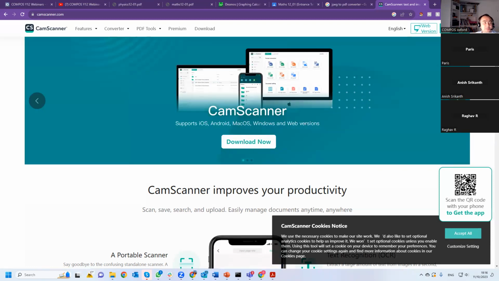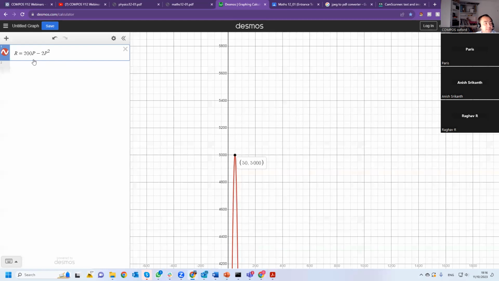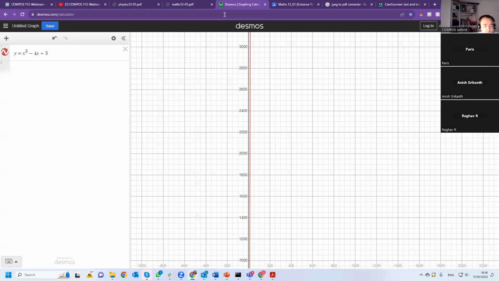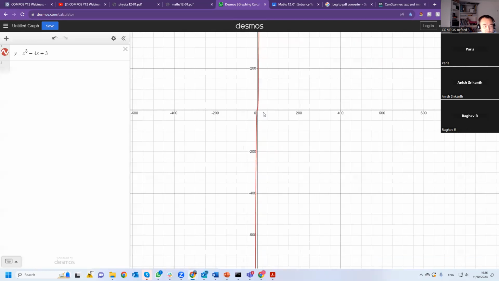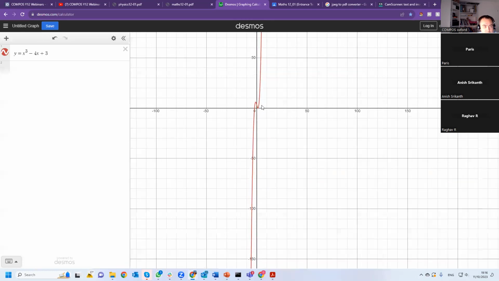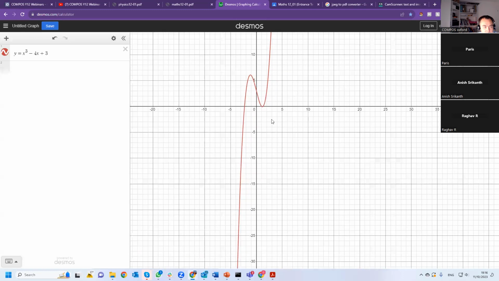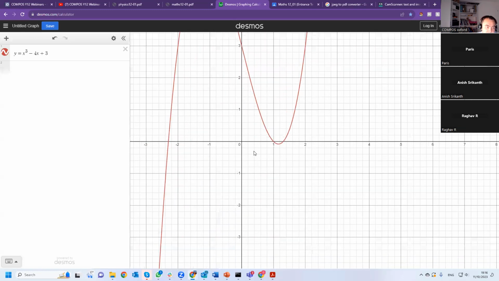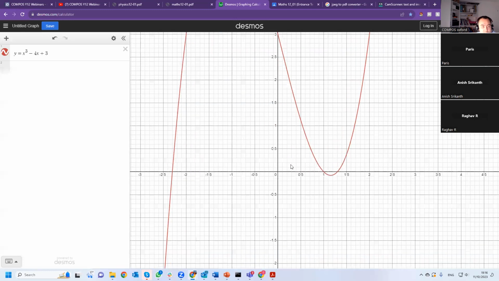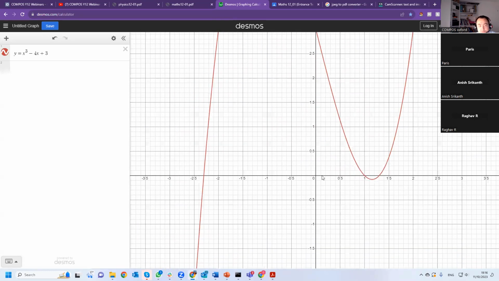So how can an equation be like this, for example, y = x^3 - 4x + 3. This equation has 3 roots, for example. Some equations have more than that. Some equations have 10 roots.